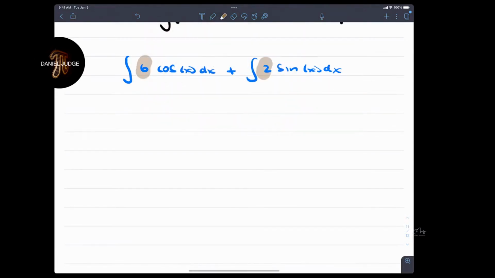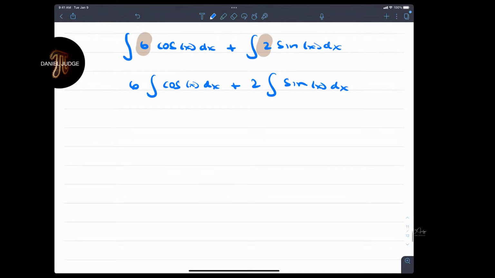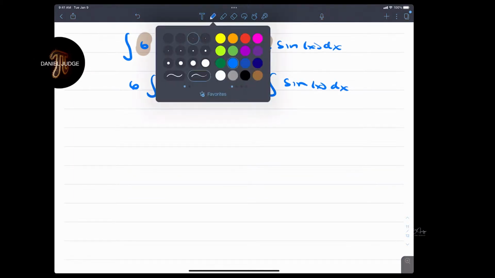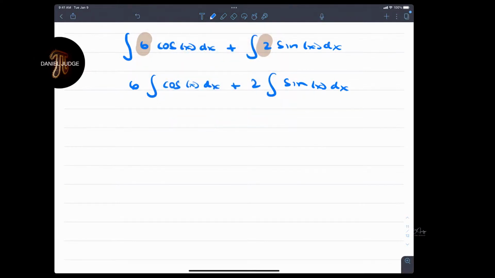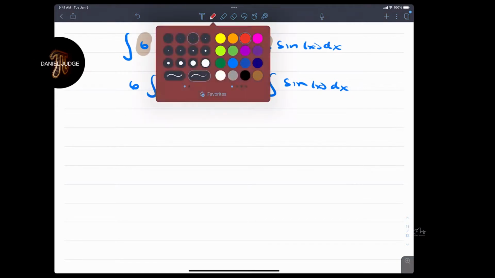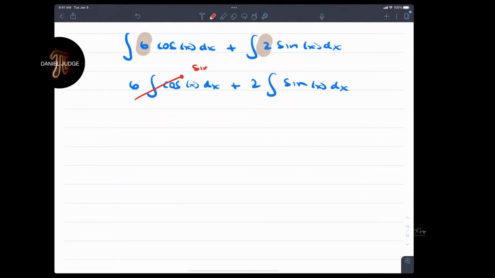Pull out your constants. Now I need integrals for cosine. See, the derivative of sine is cosine. So this one is going to be sine. The derivative of cosine is minus sine. So this would be minus cosine.